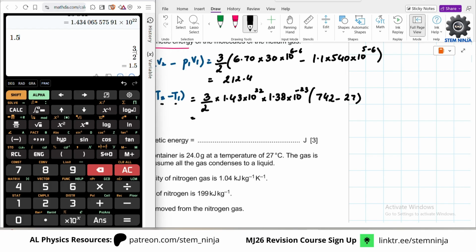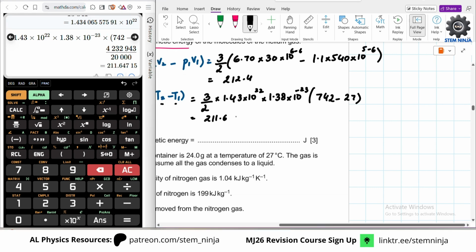Let's see this one. 1.5 times 1.43 times 10 to the power 22. Since we are rounding numbers, we might get a very slight difference, but more or less it will be the same. Times 742 minus 27, which gives 211.6, approximately the same as 212. So to two significant figures, they are both the same.